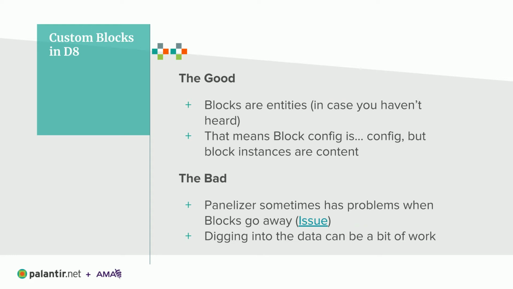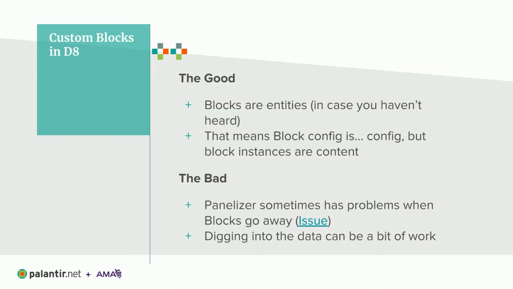So the bad, we did run into an issue here. Panelizer has some issues with blocks. When blocks get deleted, Panelizer doesn't necessarily know that they get deleted, and there's some issues there. There's an open issue with some patches on it that you can review. These slides will be up later, so you can click the links. Also, digging into the data can be a bit of work.